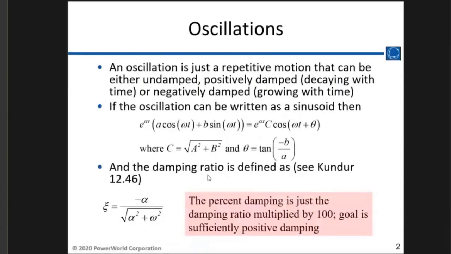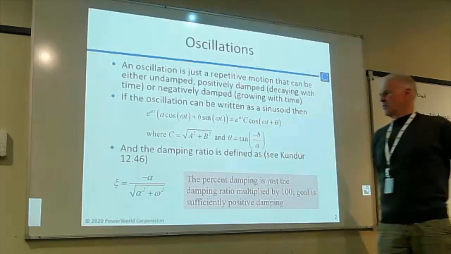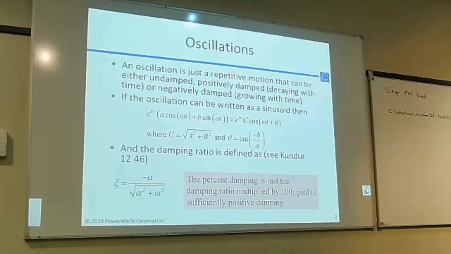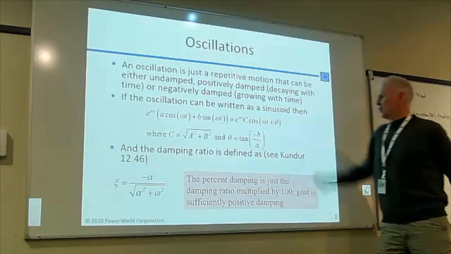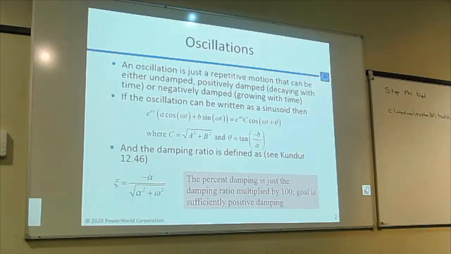So the gist of what we'll be talking about is oscillations. An oscillation can be written in the form of a cosine with some constant and with some exponential function where you've got an alpha value there. If you've got omega equal to 0, then this term goes away and it just becomes an exponential function.